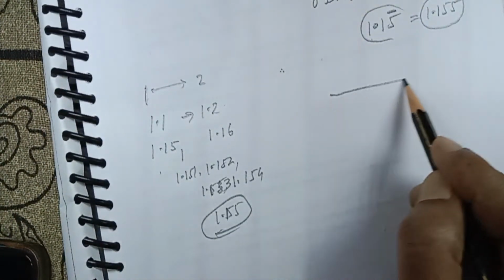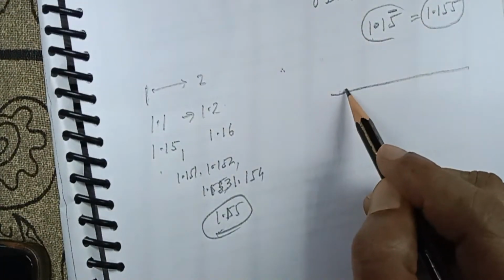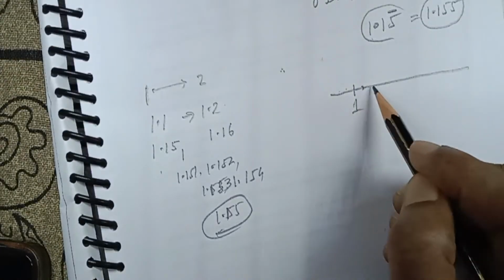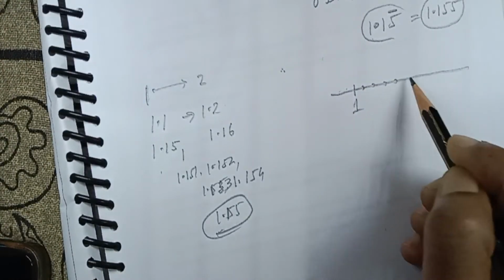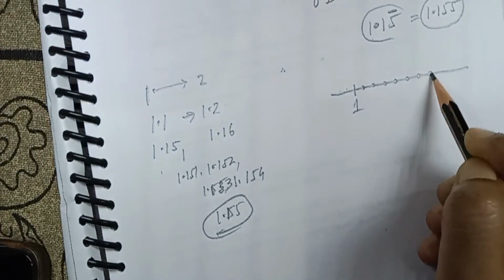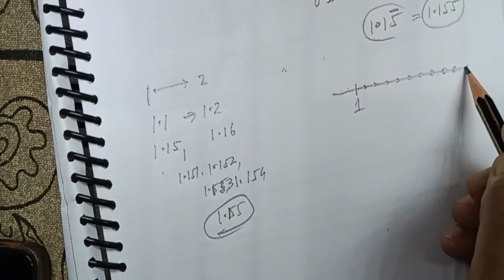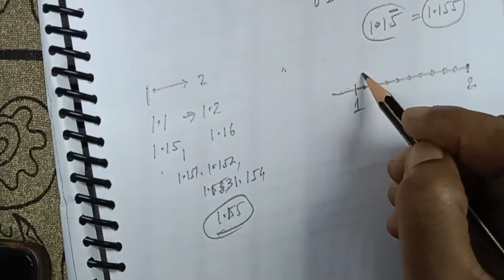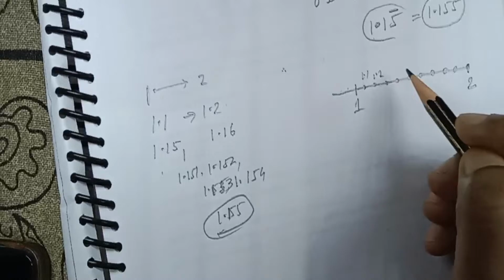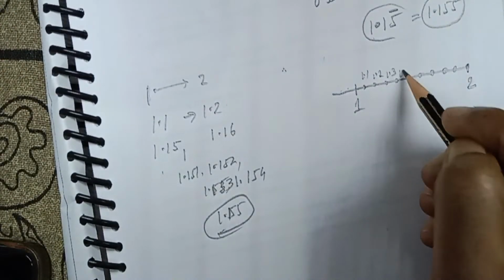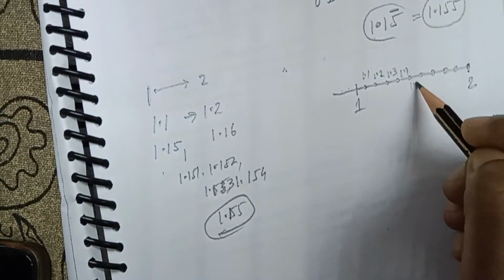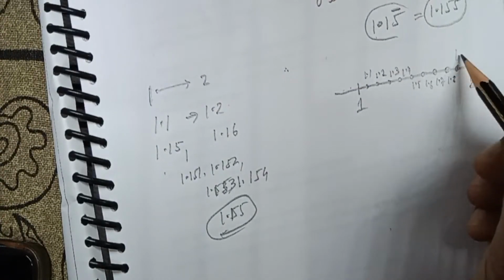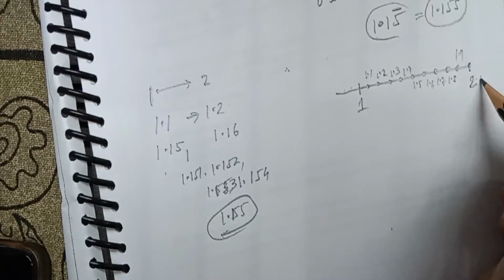So you have to draw the number line. This will be 1, 2, 3, 4, 5, 6, 7, 8, 9, 10. This will be 1.1, 1.2, 1.3, 1.4, 1.5, 1.6, 1.7, 1.8, 1.9 and 2.0.